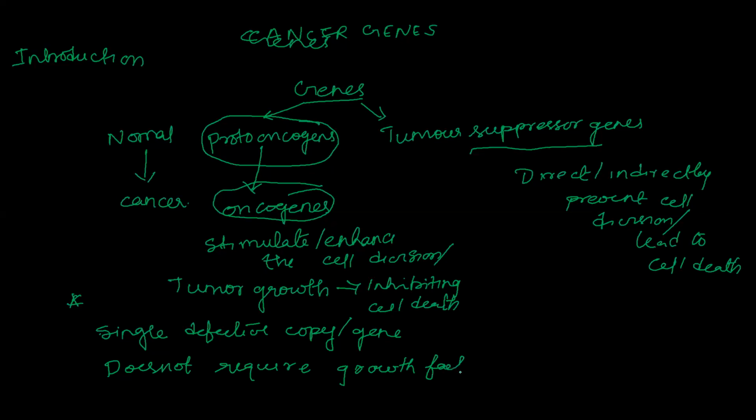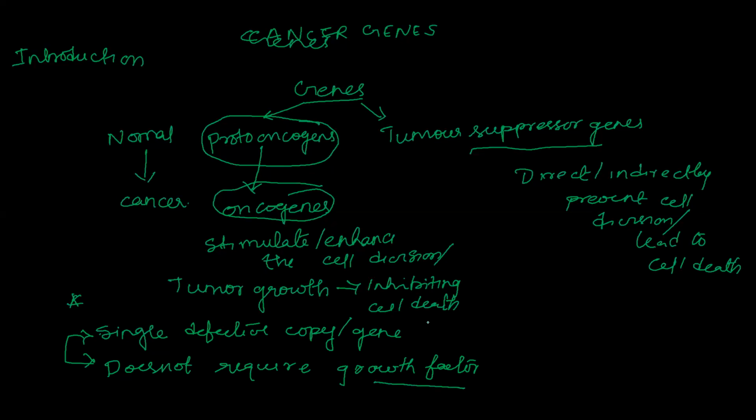Quite interesting. So when I say about these two things mentioned here, the single defective copy or gene is enough to make a proto-oncogene into an oncogene, but it is not the same in the case of tumor suppressor genes.